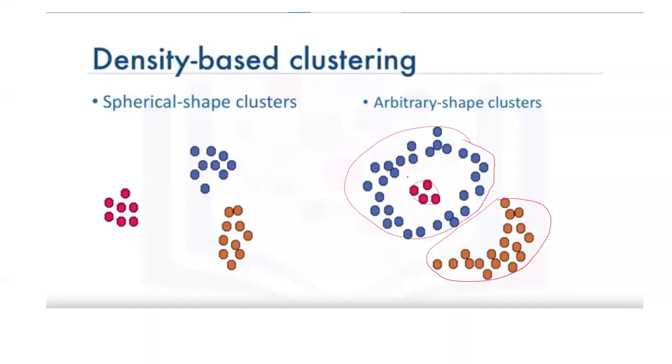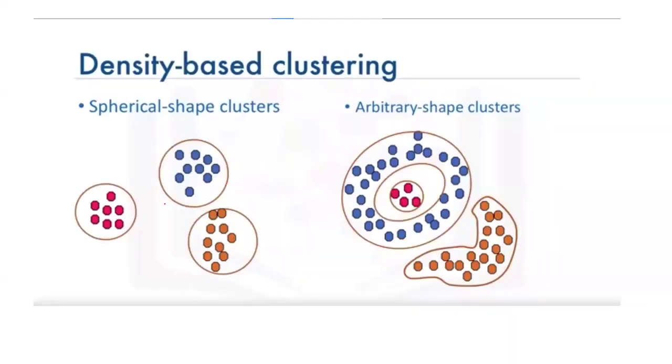So in k-means, you cannot have a cluster inside a cluster. It will not be able to detect those kinds of clusters. It will only detect clusters which are distinct and far from each other. So this is how k-means would work.